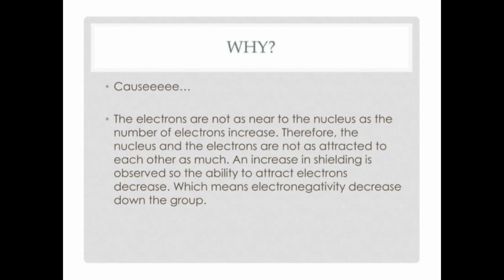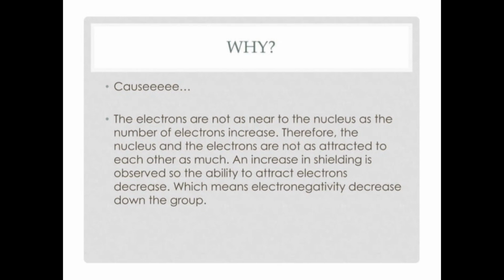And what is the reason for this? The electrons are not as near to the nucleus. Like we have said, as you move down the group, the number of shells increases, the atomic number increases, and of course, because the atomic number is increasing, the number of electrons increases. So as you move, the electrons get farther away from the nucleus.